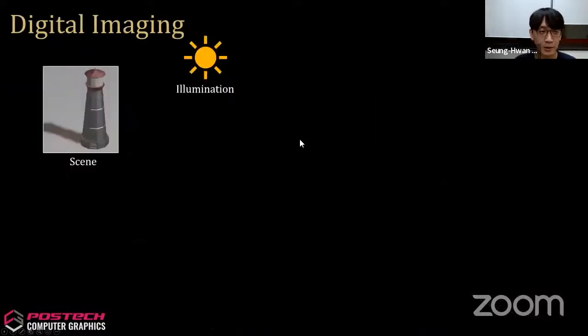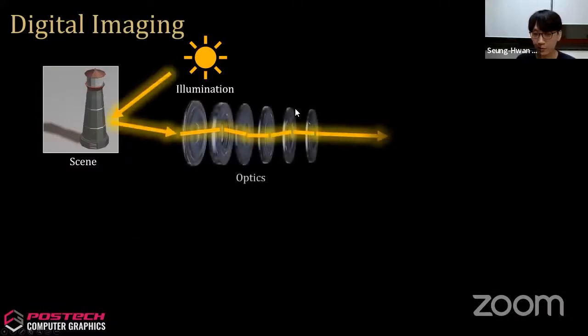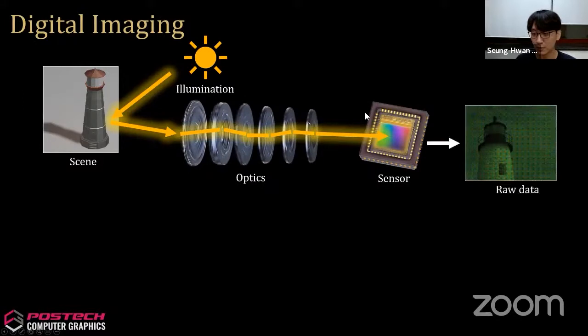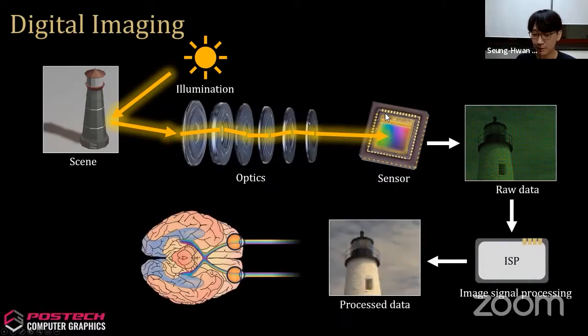Conventionally, digital imaging refers to the process of recording the reflected light photons from a scene using a lens. Then we record it with an electronic sensor, which gives us raw sensor measurements. Then we process it into a visually pleasing image, and we share the captured image with our friends and people.